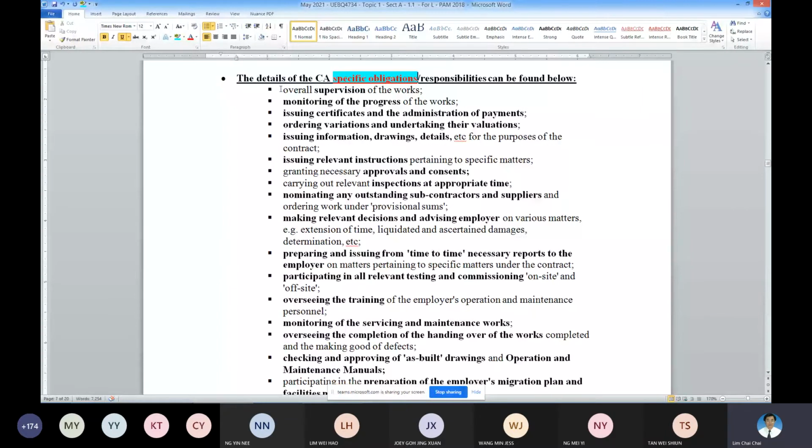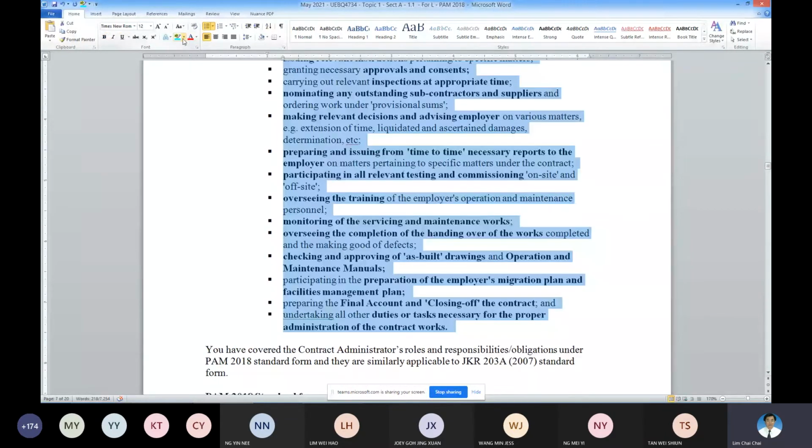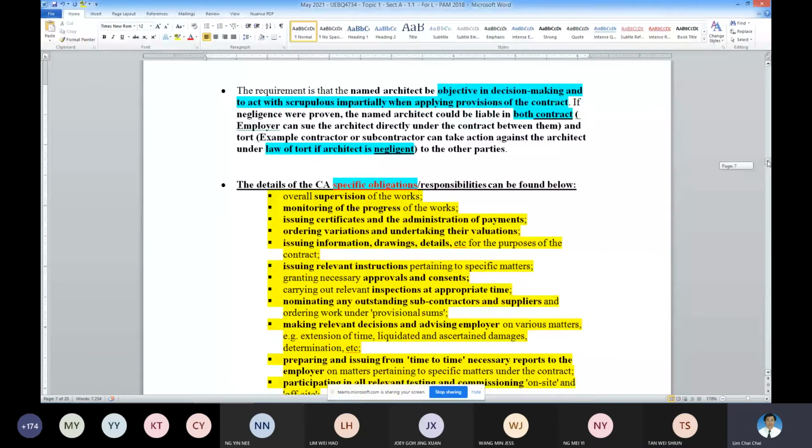Okay. Supervision, monitoring progress, issuing certificate, issuing VOs, issue drawings, instructions, giving approval, and so on. So please go through this one. Are the specific obligation of the architect for any construction project. Okay.